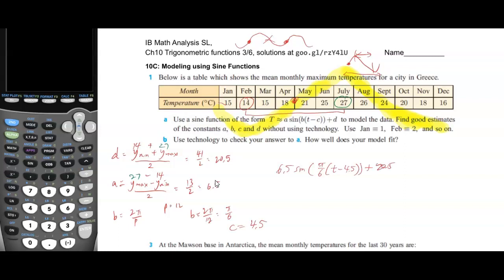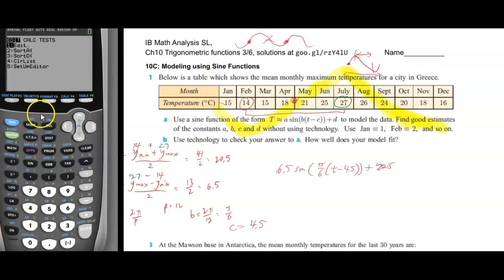Now what I'm going to do is check my answer with technology. I put all the points into stat edit, just like here, okay?